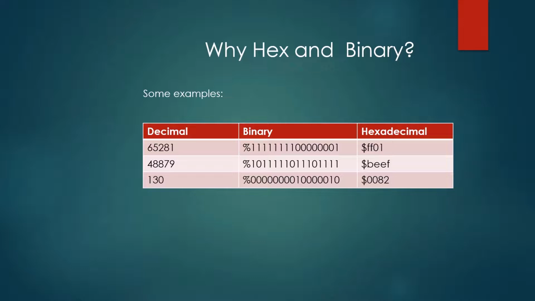For instance, the F of the FF01, the first F, maps to the upper 4 binary digits. In contrast, there is no easy mapping for the digits of the decimal number to the binary. So these are the reasons why we tend to use hexadecimal.